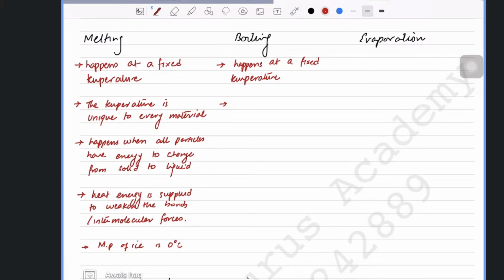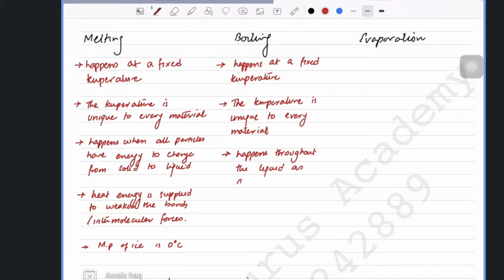Okay, the temperature is unique to every material, like water boils at 100, for example, and then it happens throughout the liquid, as all the particles have enough energy to escape. All right.